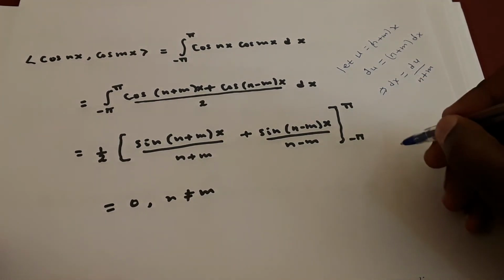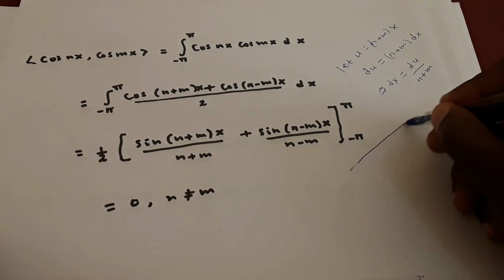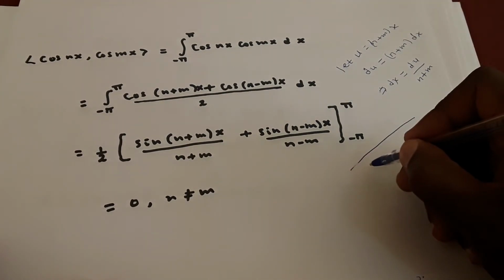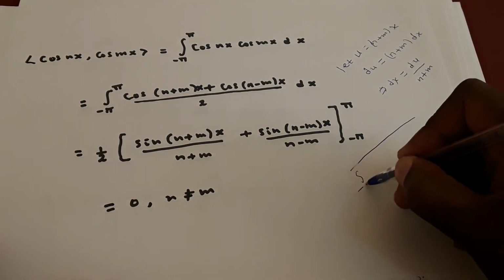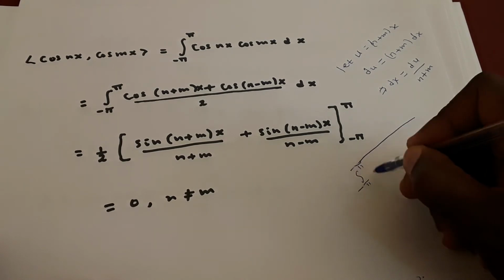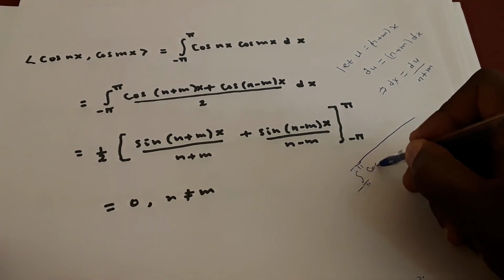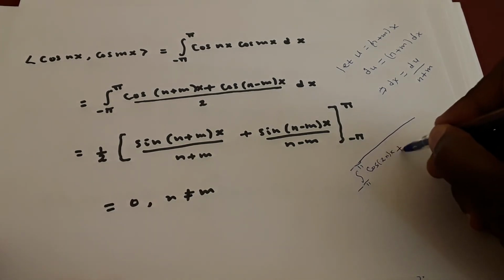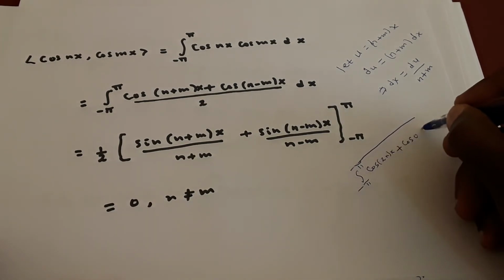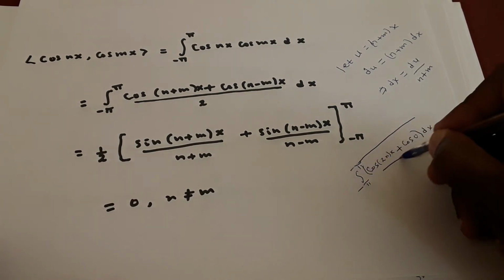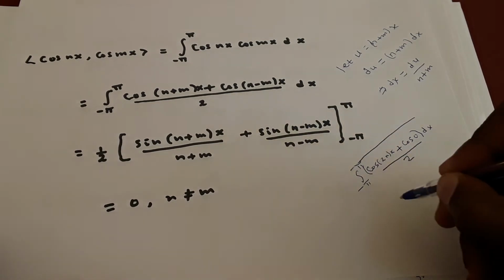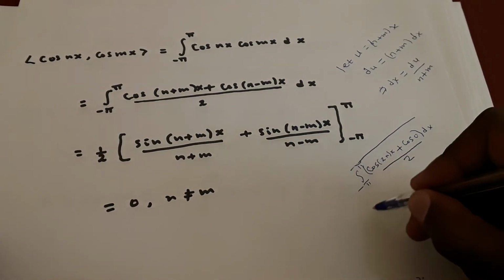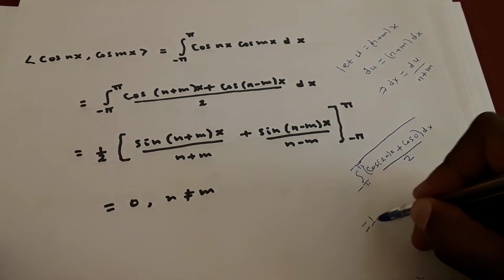Let me tell you something here. If n is m, from minus pi to pi, we have cosine of 2nx plus cosine of 0 dx, over 2. So let me make it half.